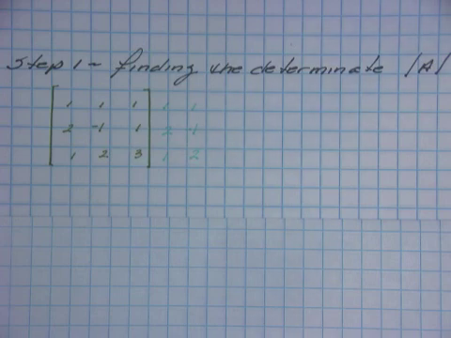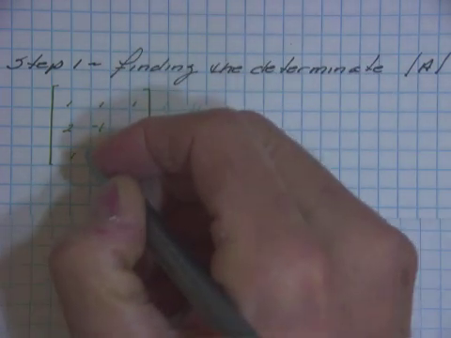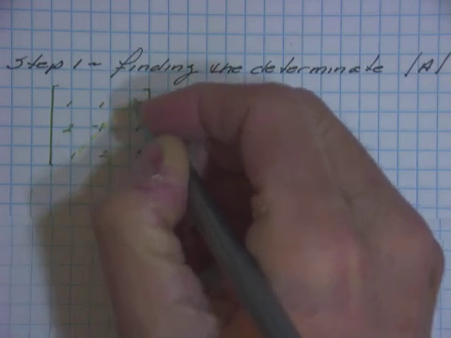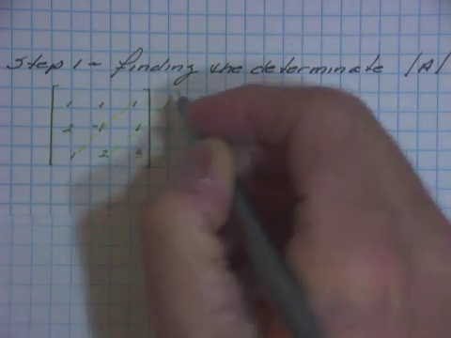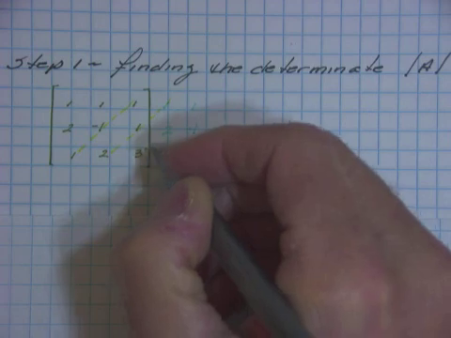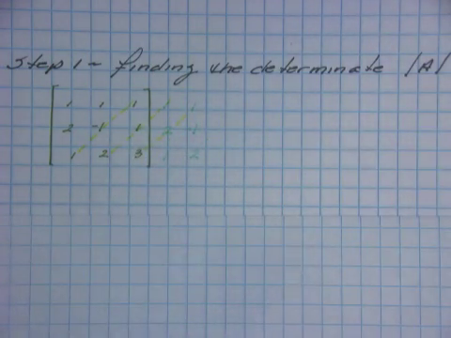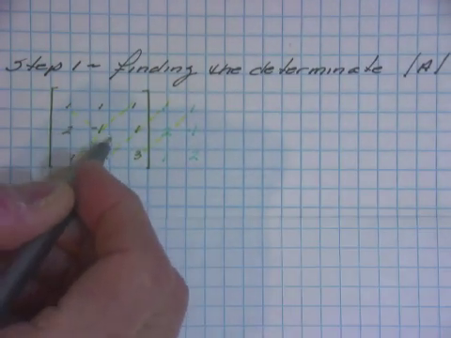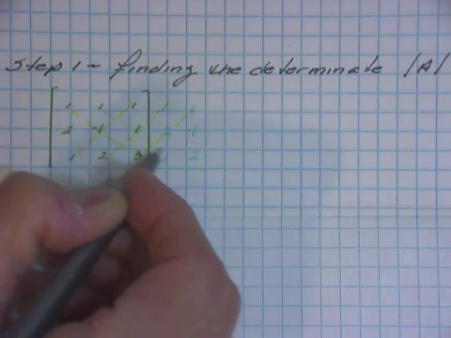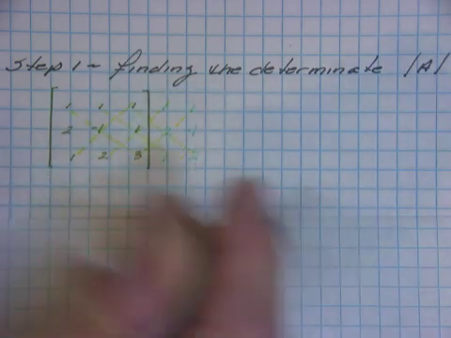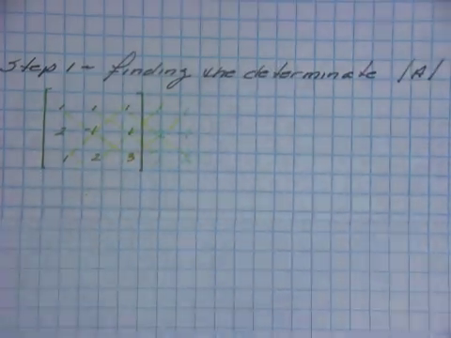Here's what we're going to do. Let's use yellow. So we have these diagonals, and we've got these diagonals.